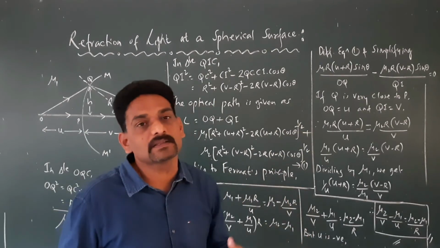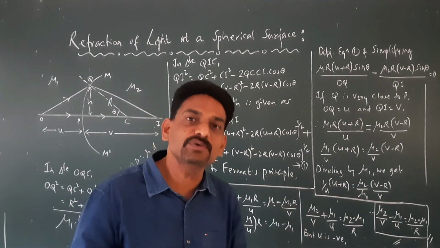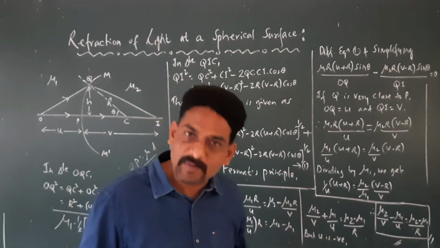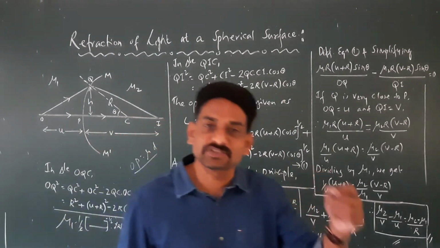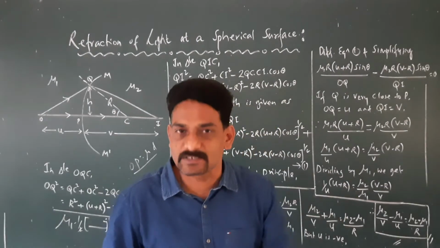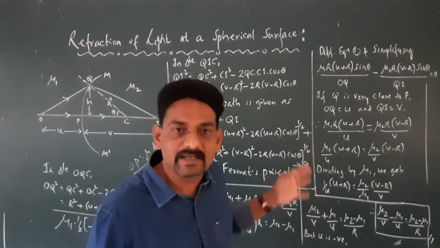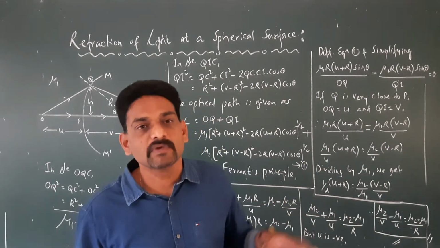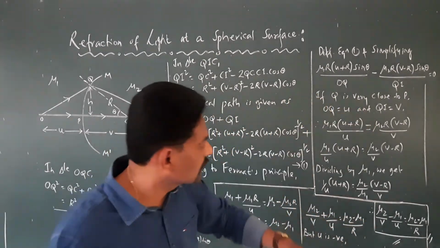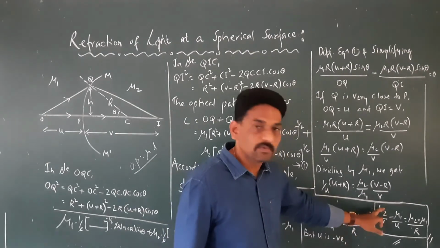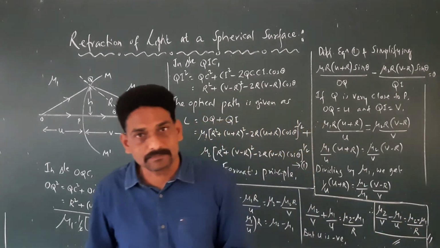After calculating the optical path, we differentiated it with respect to theta and equated it to 0 by applying Fermat's principle, because the time taken is either minimum, maximum or stationary. Differentiation of a constant is 0, therefore dl by d theta is 0. We differentiated equation number 1 and simplified it, and got the final expression: mu2 by v minus mu1 by u equals mu2 minus mu1 by r.